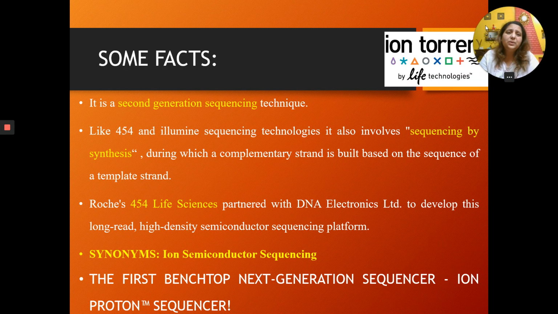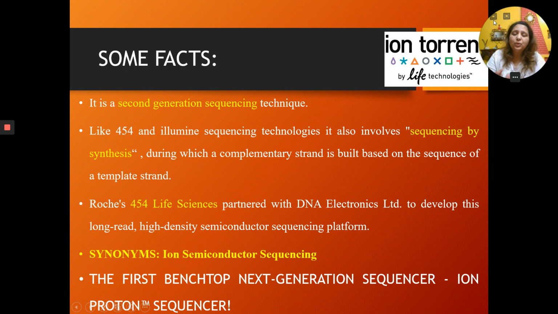So Ion Torrent sequencing technique, this slide is showing you some quick facts about the Ion Torrent sequencing. One of the quick facts is that the Ion Torrent sequencing is similar to the other second generation sequencing techniques, that is the 454 sequencing or the Illumina sequencing.